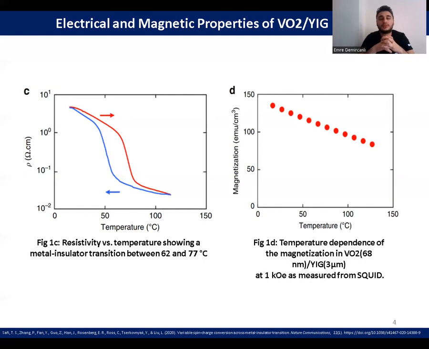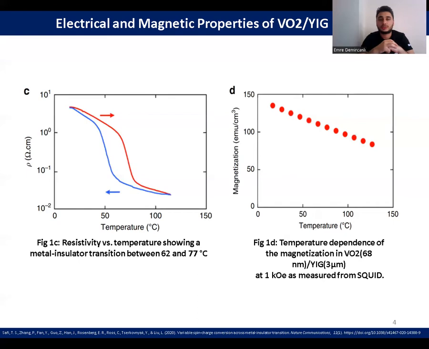A superconducting quantum interference device, which is called SQUID, is a very sensitive magnetometer used to measure extremely low magnetic fields. The measurements here were repeated before and after the vanadium dioxide was deposited, but it was observed that the values didn't change.